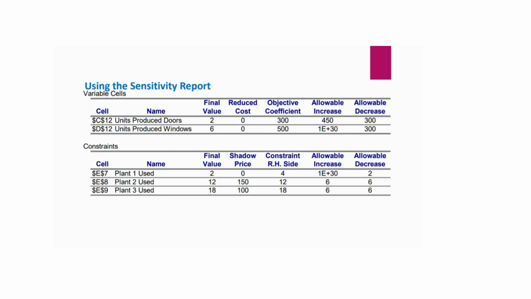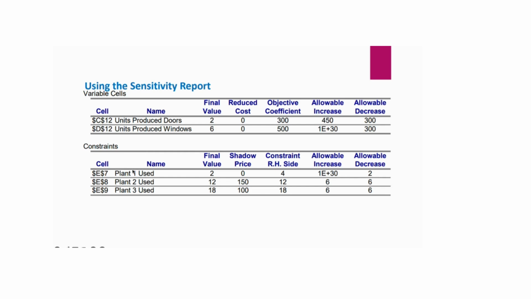Aside from the parameter analysis report, we also have the sensitivity report. The upper part has been discussed in part 1. So our concern now is the lower part of the table, which is relevant to our discussion of the right-hand side.